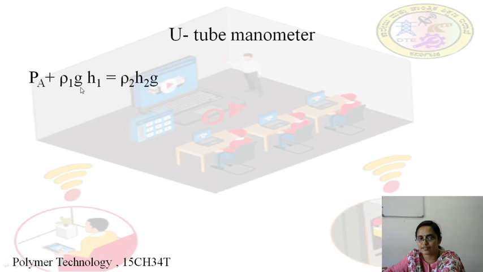G is the acceleration due to gravity. H1 is the height of the column of fluid whose pressure is to be measured. Rho 2 we are taking as mercury, the specific density of mercury. H2 is the pressure head or height of the mercury column, and G is the acceleration due to gravity.